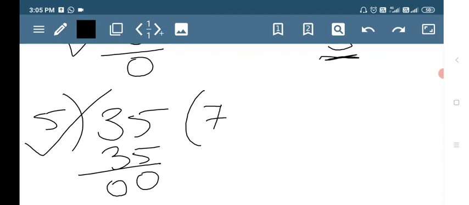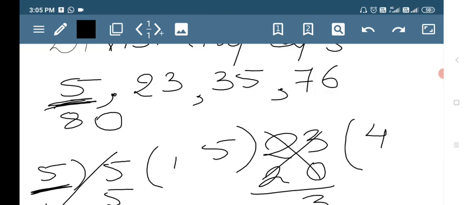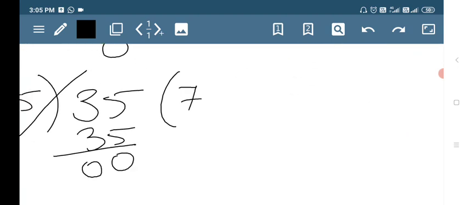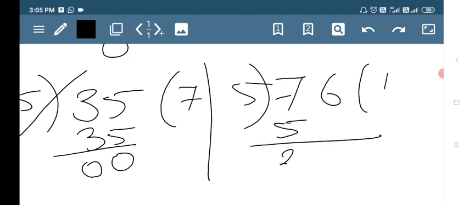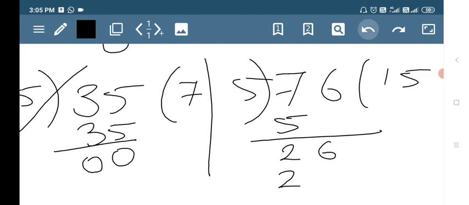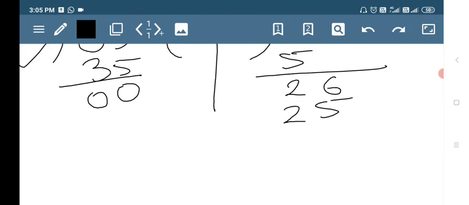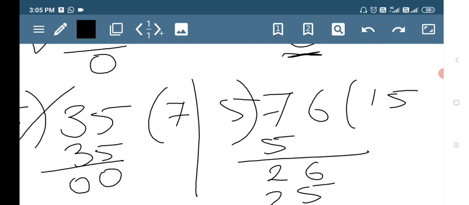Yes, 35 is also divisible by 5. Next number is 76. Try to divide it by 5. 5 fives are 25. I got the remainder 1. So it means that 76 is not divisible by 5.